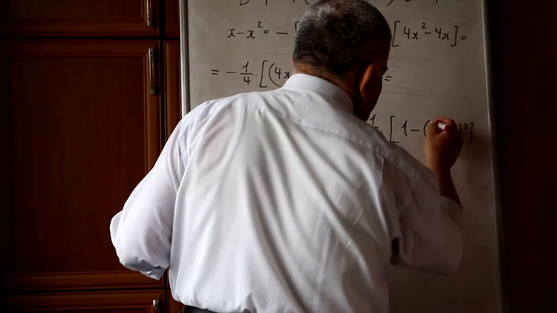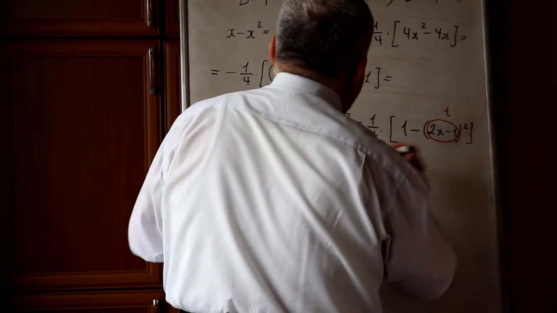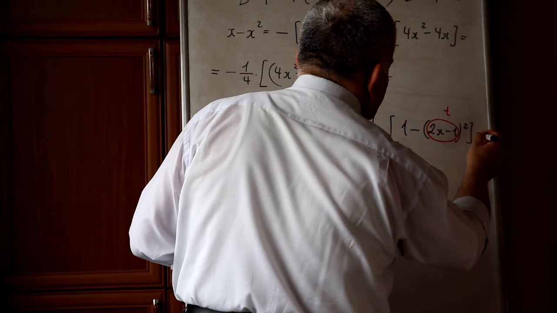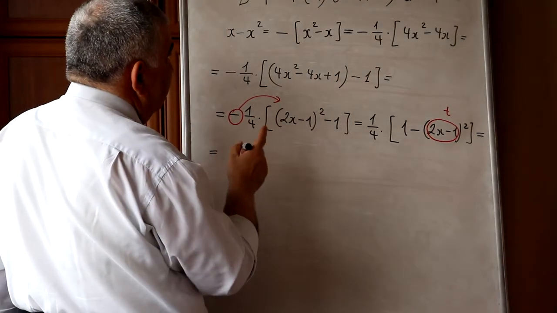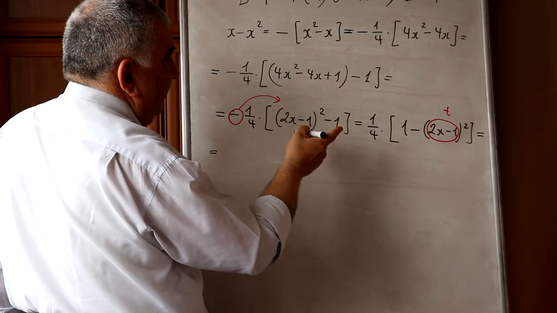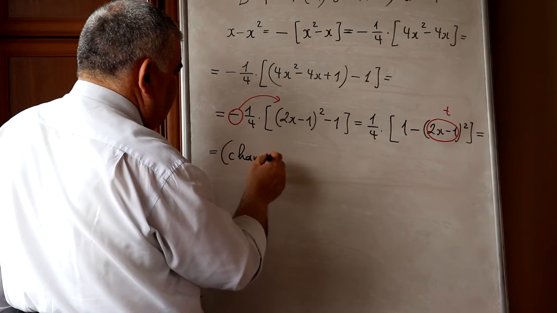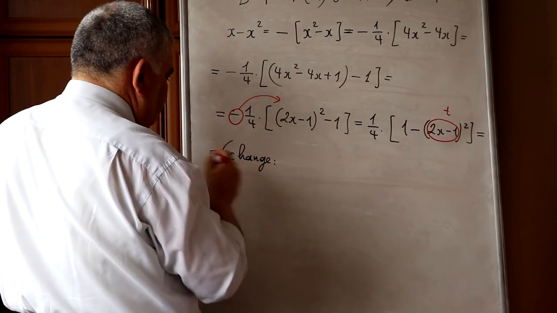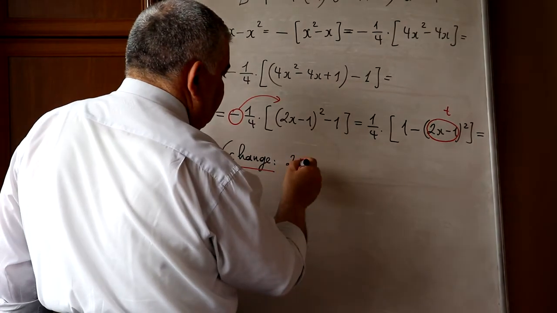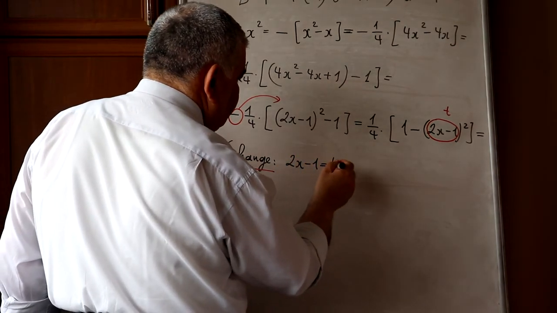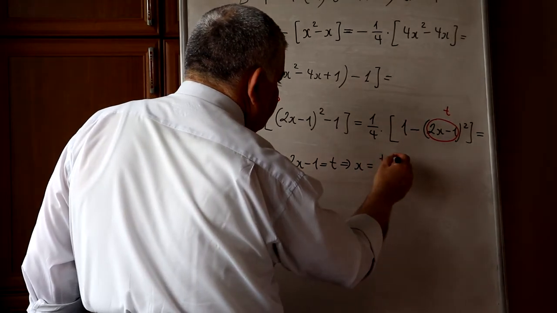Let 2x minus 1 be t. Then x is (t plus 1) over 2.